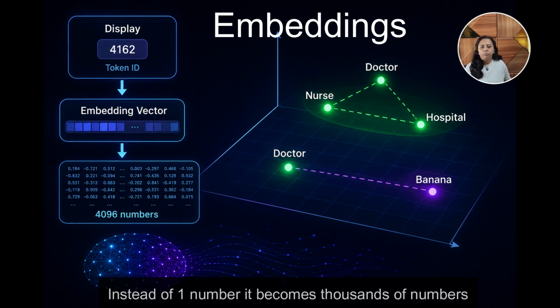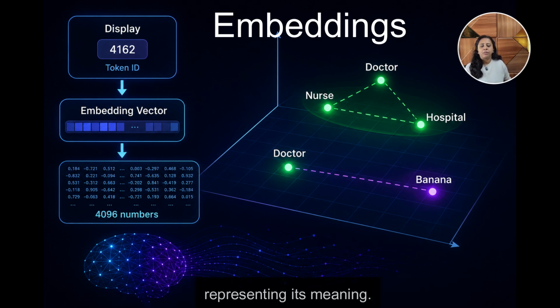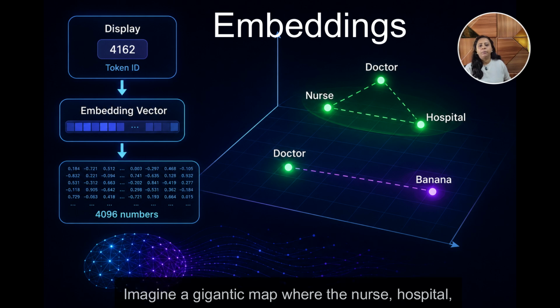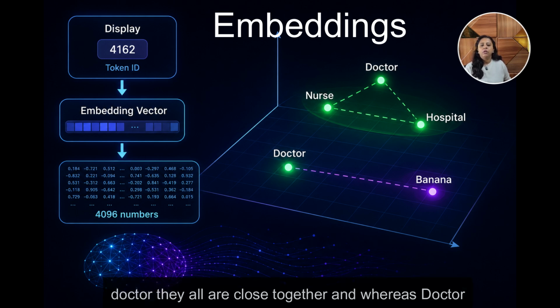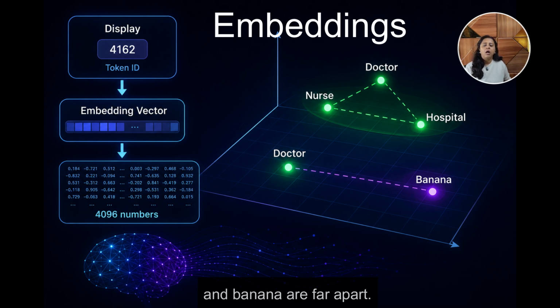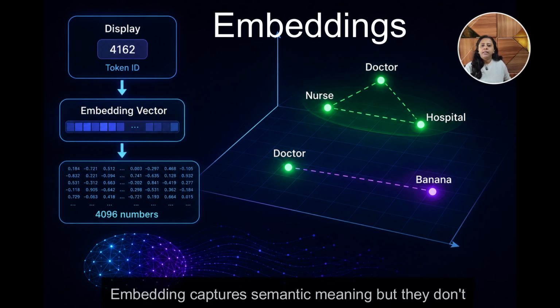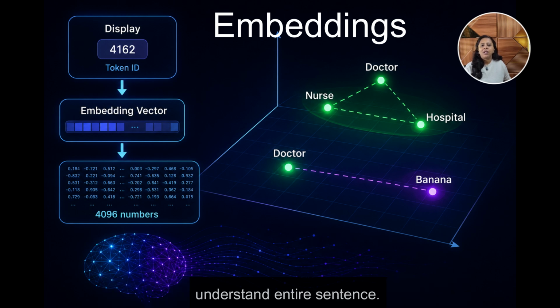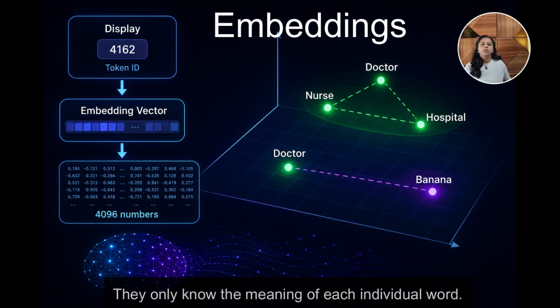Instead of one number, it becomes thousands of numbers representing its meaning. Imagine a gigantic map where nurse, hospital, doctor are all close together, whereas doctor and banana are far apart. Embedding captures semantic meaning, but it doesn't understand the entire sentence. It only knows the meaning of each individual word.